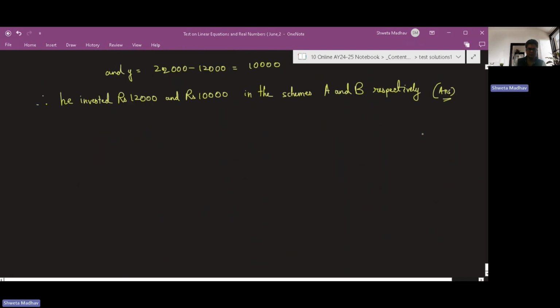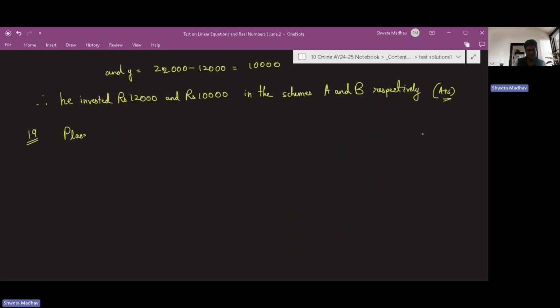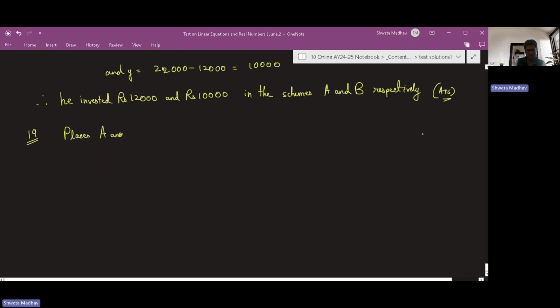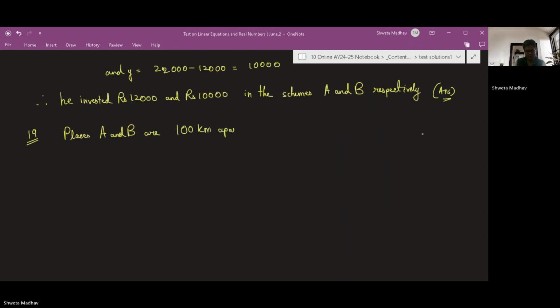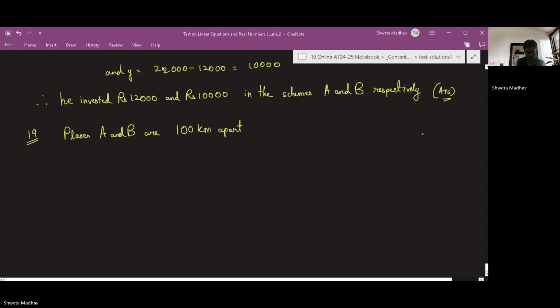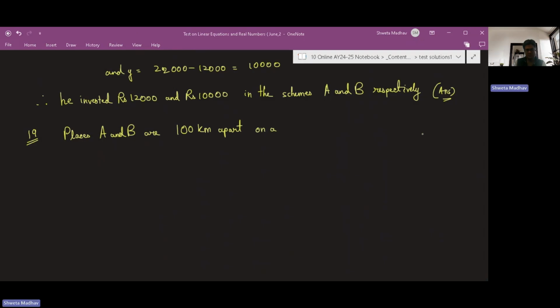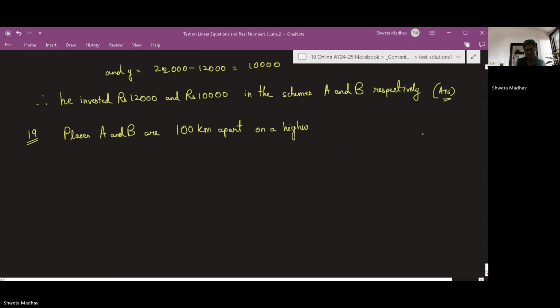Then in question number 19, it is told that places A and B are 100 kilometers apart on a highway.